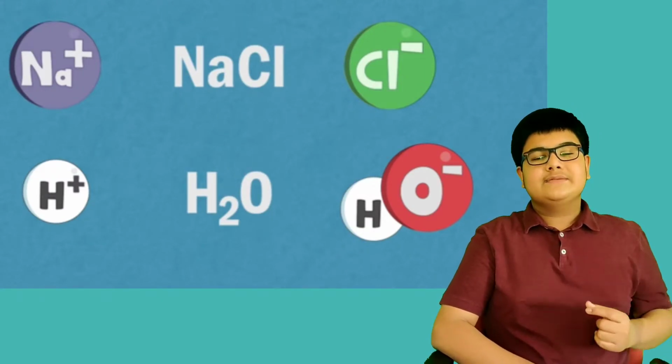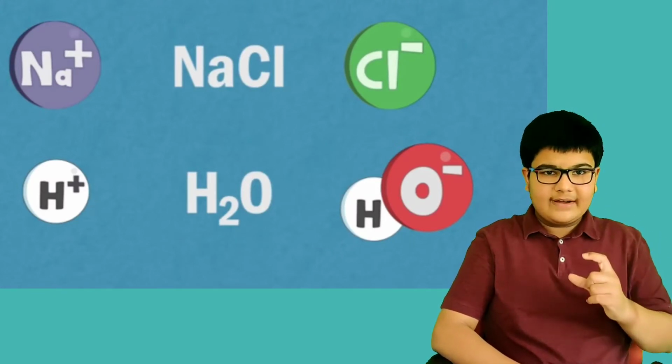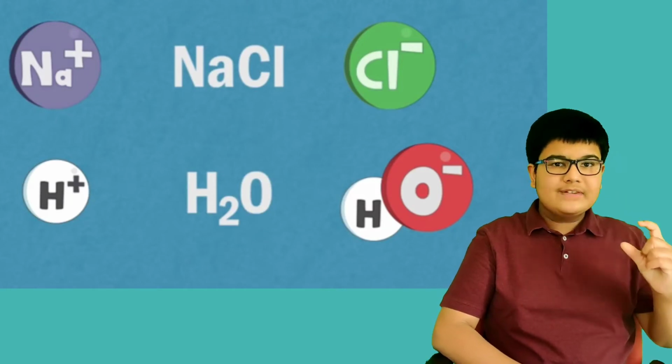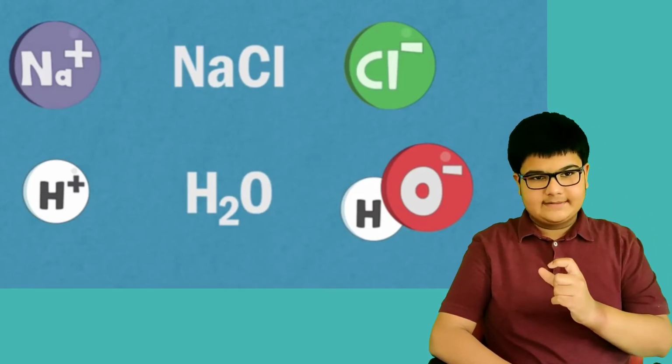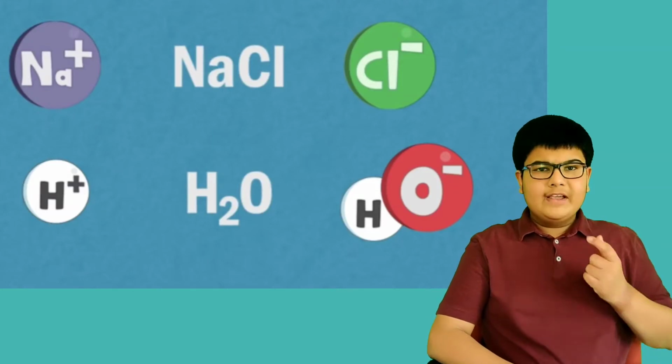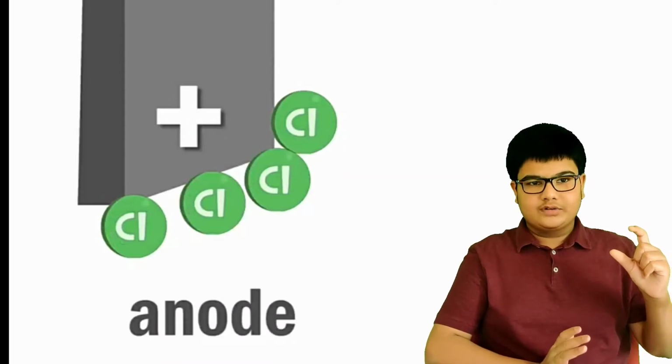Sodium chloride will split into Na positive and Cl negative ions, and water will split into H positive and OH negative ions. Now we all know that unlike charges attract each other. So the negatively charged ions will move to the positive electrode.